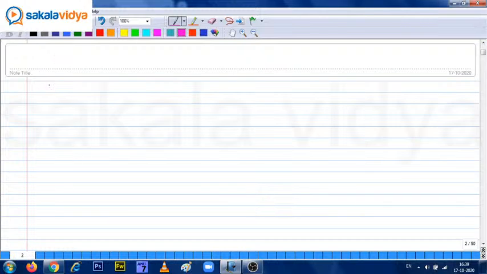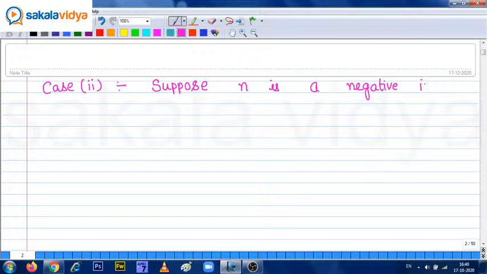Next, case 2. Let us consider case 2. In this case, can it be applicable for negative values of n? If n is a negative value, can it be applicable? That we need to check. Suppose n is a negative integer.